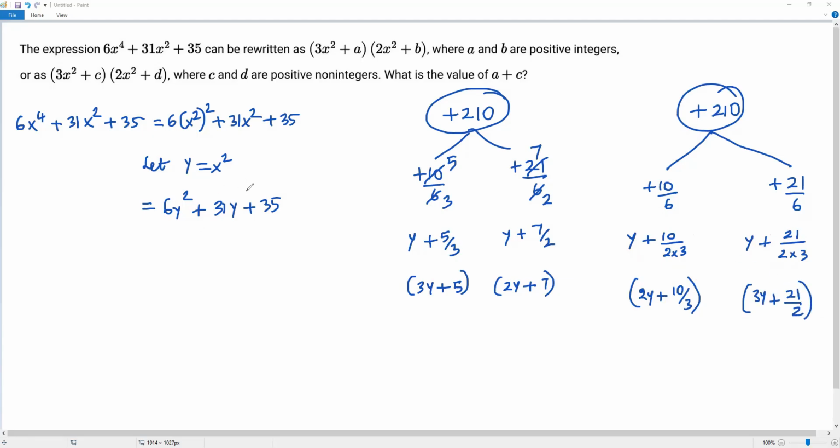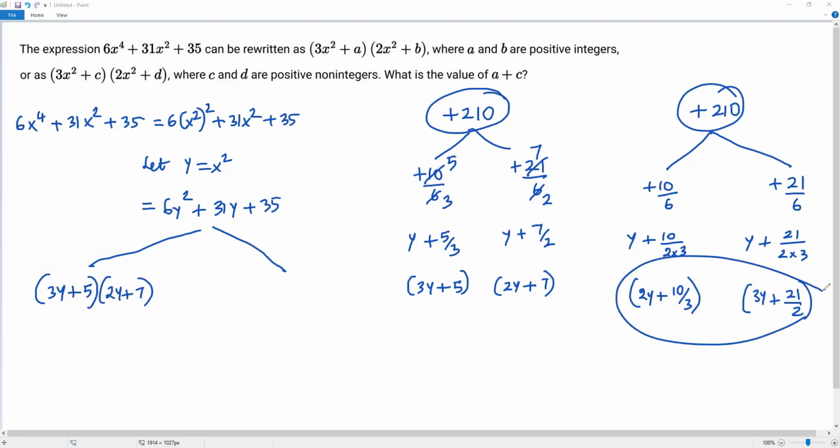I got the factors of this quadratic expression in two ways. The first way is this one, that is (3y plus 5) times (2y plus 7). And the second way is this one: let me take this one first, that is (3y plus 21 over 2) times the second factor, (2y plus 10 over 3).